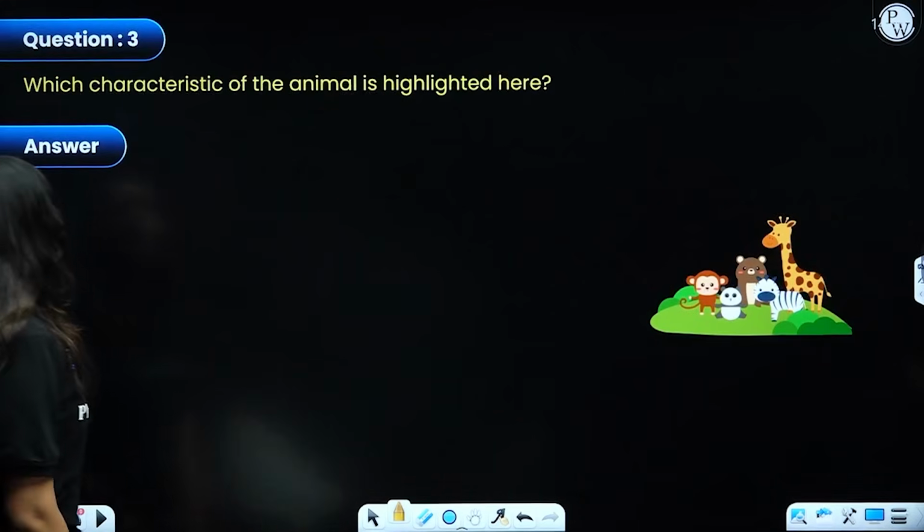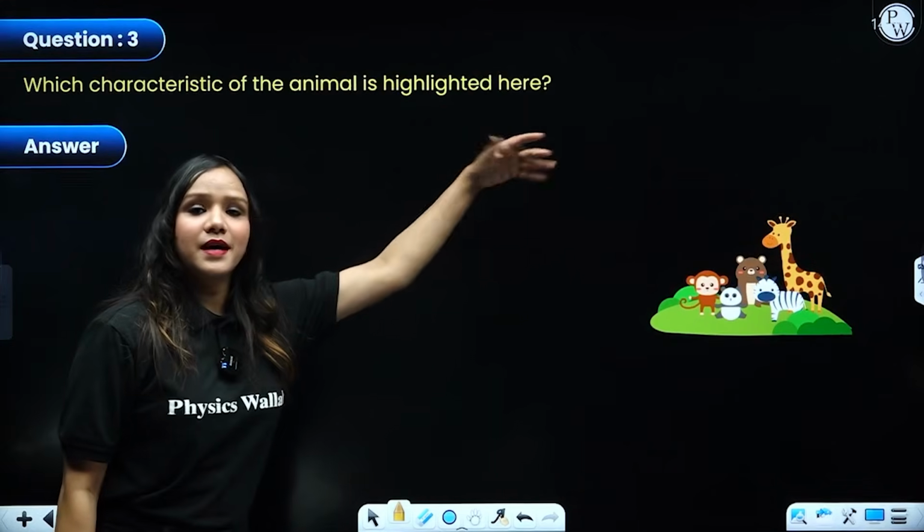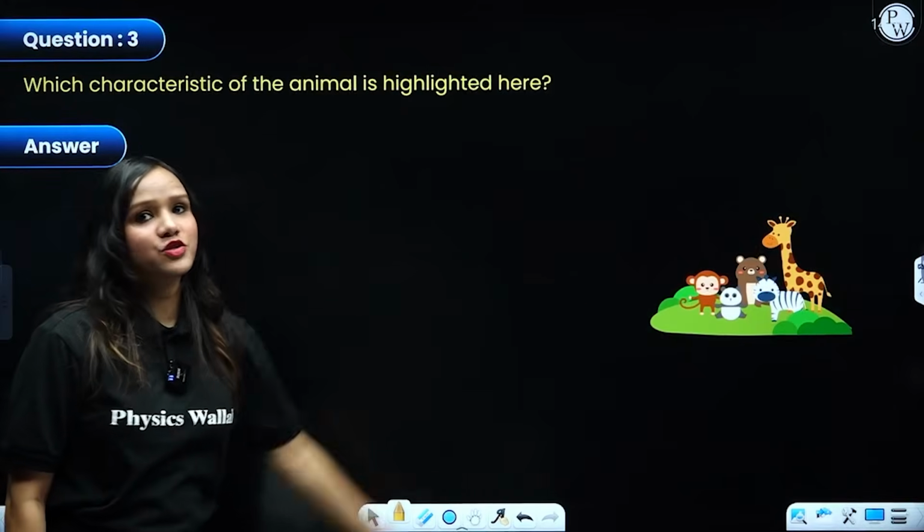Got it? Now, which characteristic of the animal is highlighted here? Again, camouflaging and its ability to change its color.